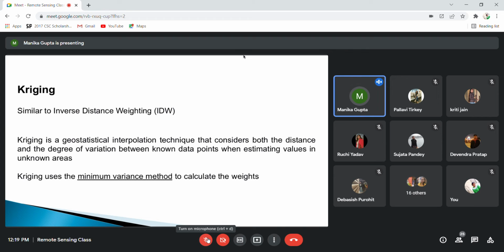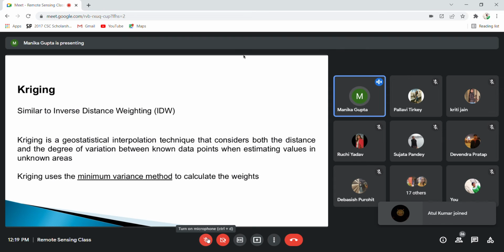So when we are talking about kriging, that is what we are trying to do here, and we use a technique that considers both the distance and the degree of variation between known points. On this basis, it is able to give us the probability also. So it uses a minimum variance method to calculate weights. That means the weights are based on the variance.